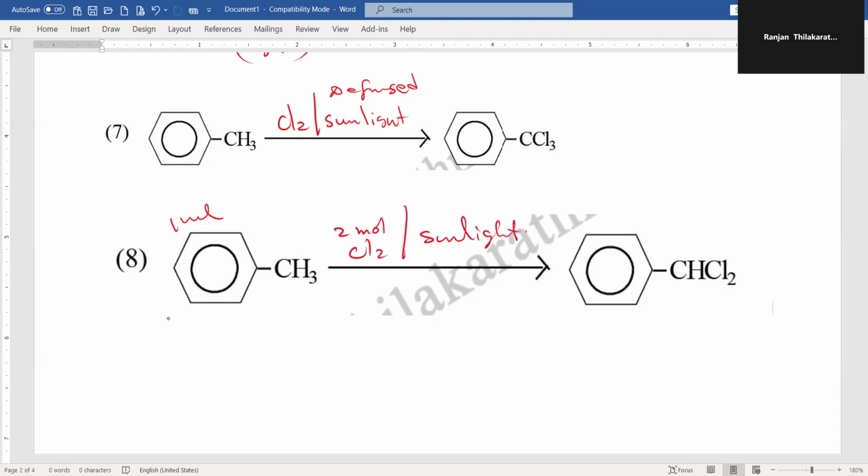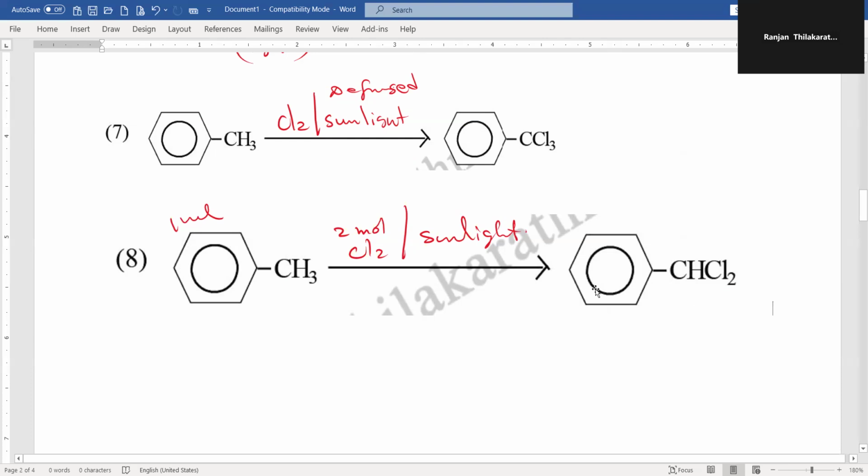Normally, we don't do the free radical reaction in our conversions because the amount of product cannot be predicted. That is not sure. Because free radicals are highly reactive, we can't control the reaction. Anyhow, this can be done.